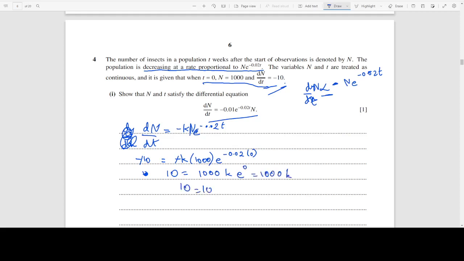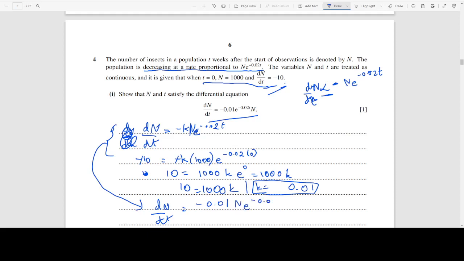So 10 equals 1000 k, k is equal to 0.01. So there we have it, getting this formula back, dn/dt is equal to negative 0.01 n e raised to minus 0.02t. Hence proved, guys.